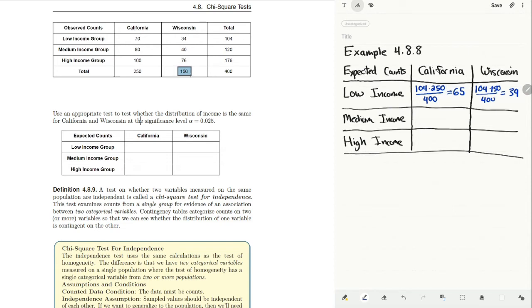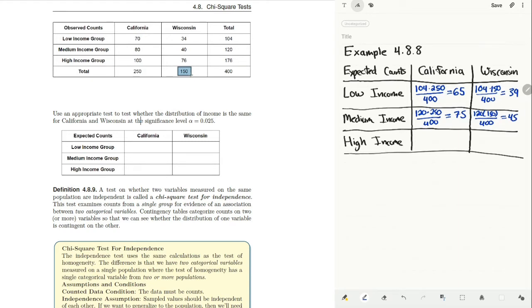And then for the medium income group in California, we take 120 multiplied by 250 over 400, and this gives us 75. And for the medium income group in Wisconsin, we have 120 times 150 over 400, which gives us 45.